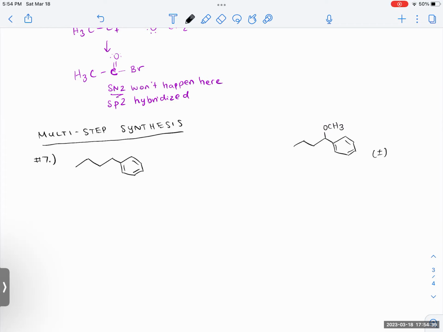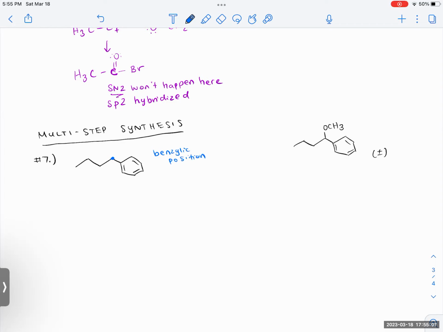Okay, so first thing we want to notice is which carbon we're adding on. Because the only real difference is the methoxide on our product, and it happens to be at this carbon, which also happens to be in the benzylic position.